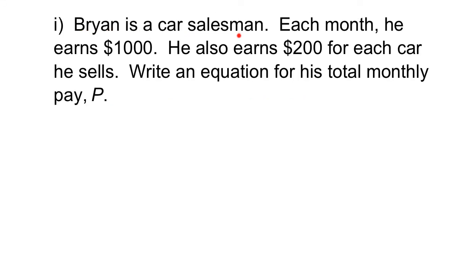Brian is a car salesman. Each month, he earns $1,000. He also earns $200 for each car he sells. Write an equation for his total monthly pay, P. Okay, P equals something. Well, he gets $1,000, so P equals $1,000. He earns, so it gets added on.